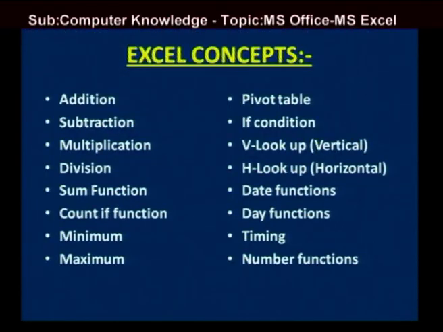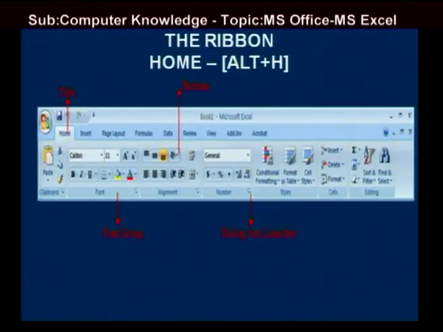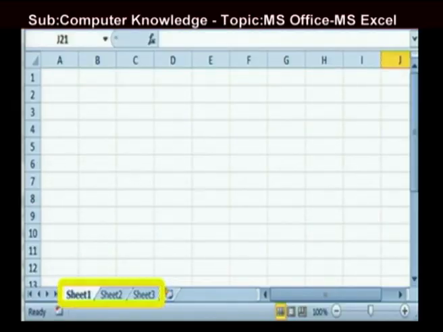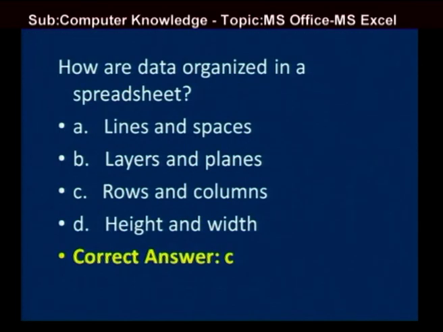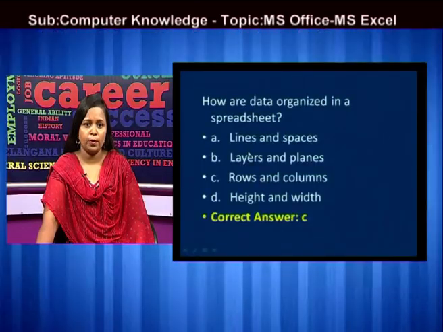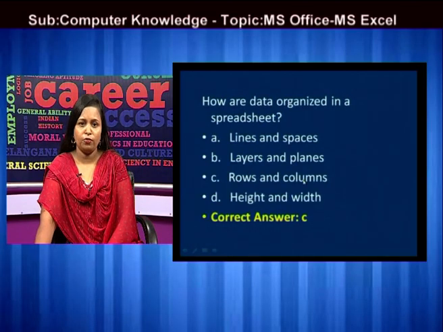These are important. I will explain VLOOKUP and HLOOKUP again to you. How to write VLOOKUP and HLOOKUP tables? This is the ribbon menu, this is the sheet. Next, how is data organized in a spreadsheet? Rows and columns make up a spreadsheet.